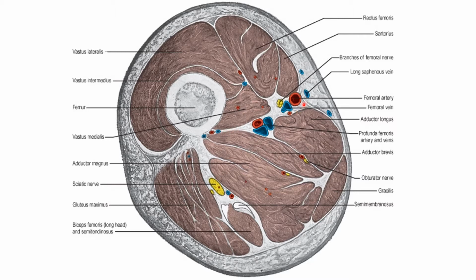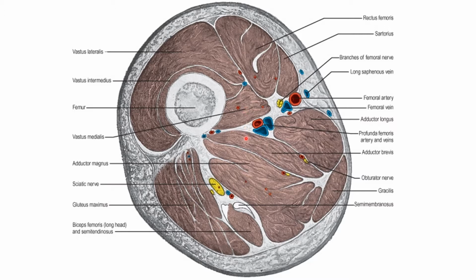this is the medial intermuscular septum. Though the medial intermuscular septum is not as well developed as the lateral intermuscular septum, and is thinner than that, it lies between the vastus medialis, which is anterior, and posteriorly these two muscles, adductor longus and adductor brevis.